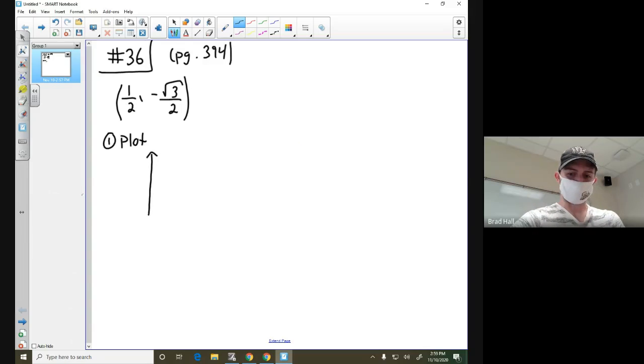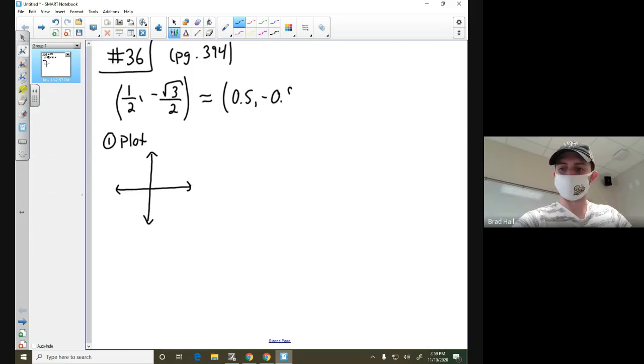Plotting this is not going to be the most exact thing, because square root of 3 over 2, or negative square root of 3 over 2, normally decimals give you a better idea of how to plot things. So 0.5, negative 0.866. Call that right here.